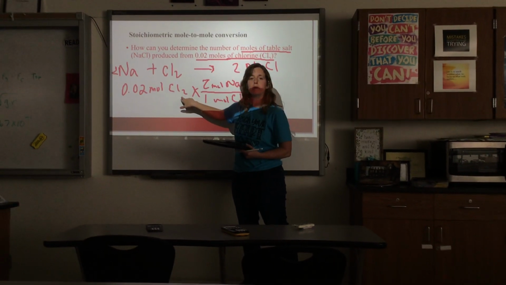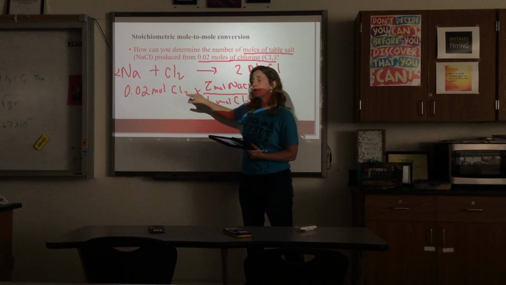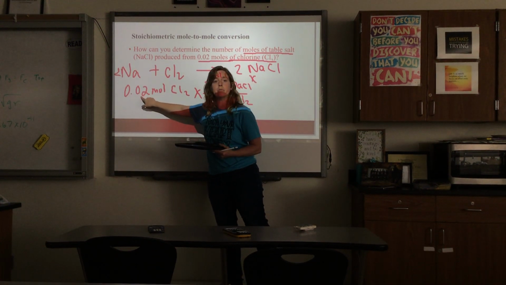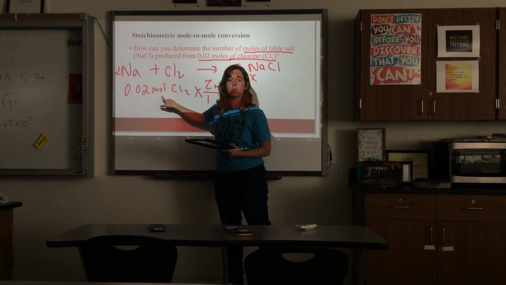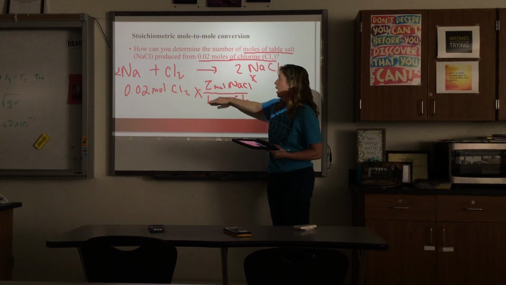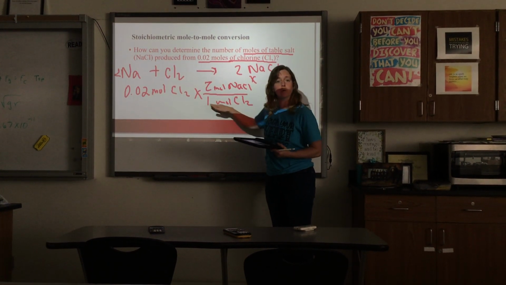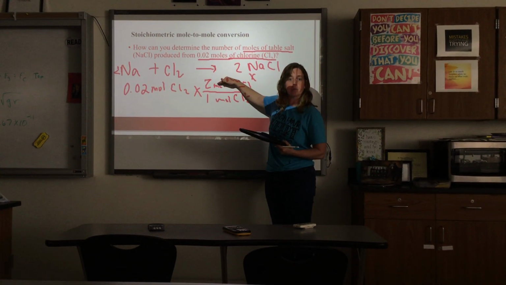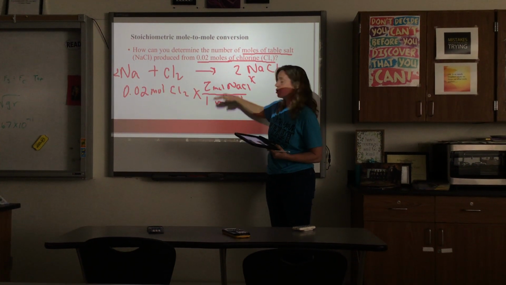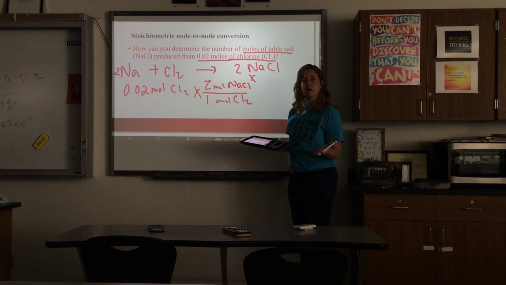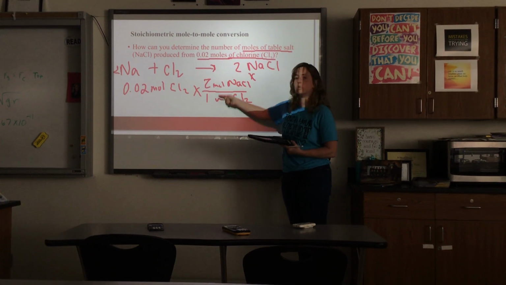I do know chlorine because that's what they gave me in the problem. So that's why I started my problem off with 0.02 moles of chlorine. And then I'm converting from moles of chlorine into moles of sodium chloride. Okay? So it's don't overdo. So now I'm going to take this number and times it by a ratio of 2 over 1.